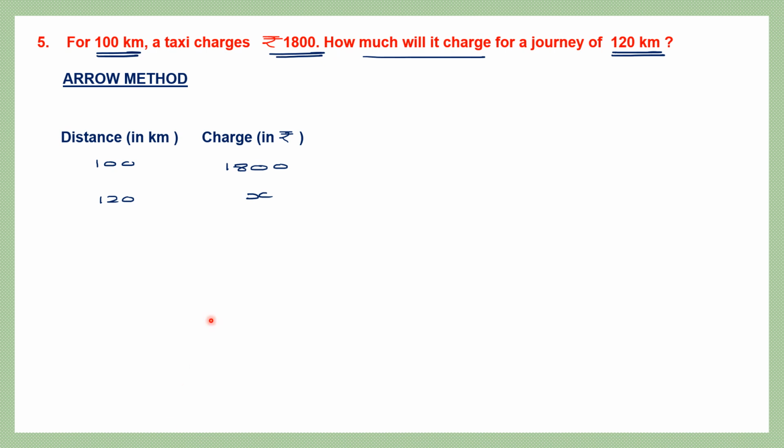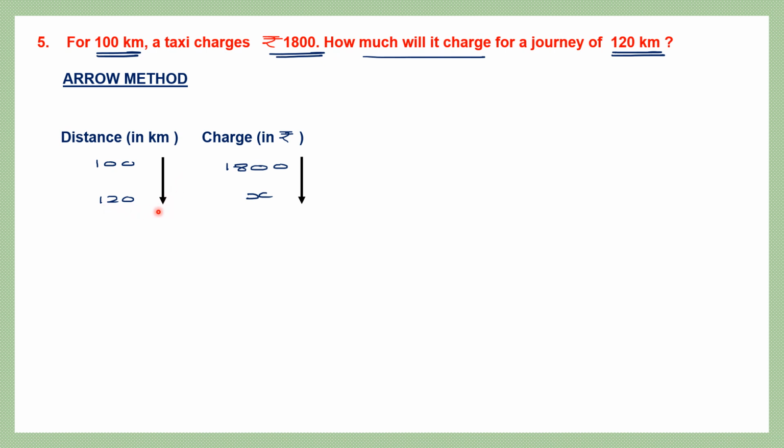So here from 100 it is increasing to 120. Similarly, the charges also will increase because the distance is increasing. So again, it is direct variation. Let's draw our arrowheads pointing downwards together. Both sides it will be pointing in the same direction. So since it's direct variation, we can write this as it is. Now we have to see the number that is closest to the head of the arrow mark.